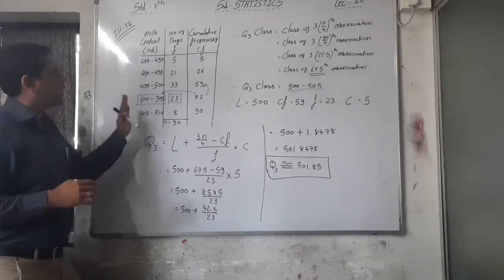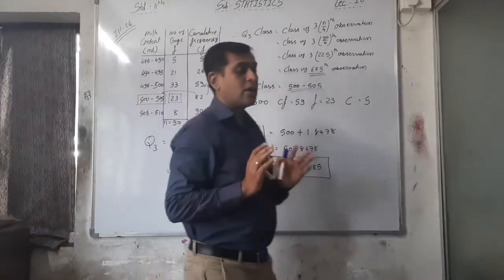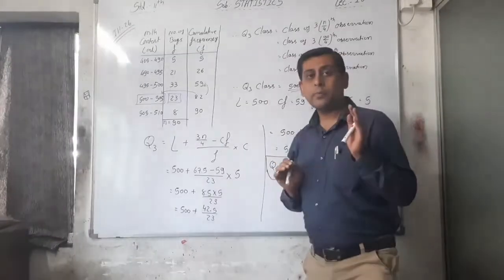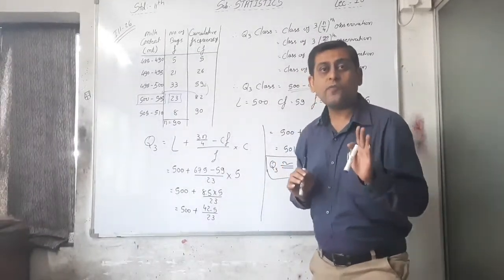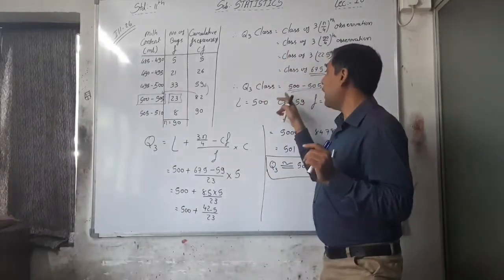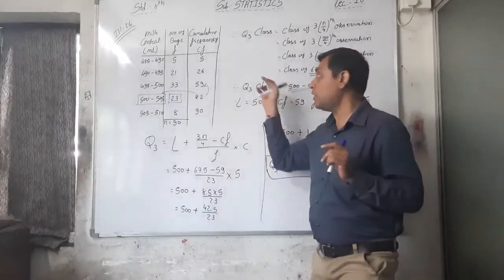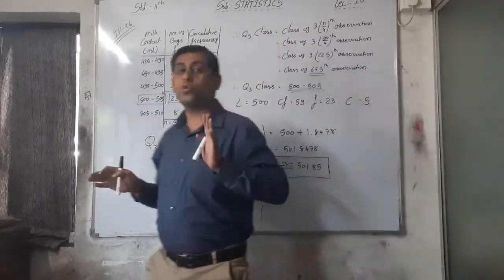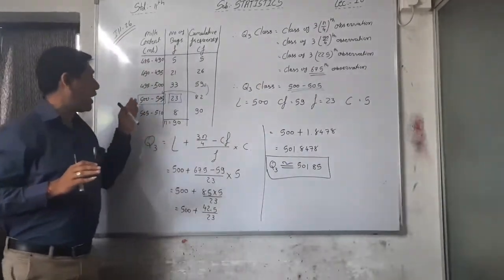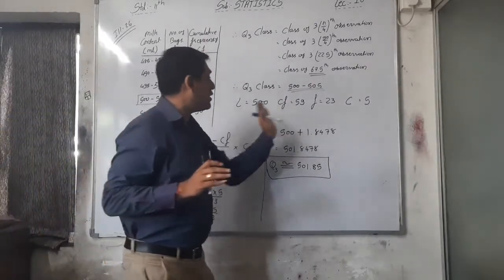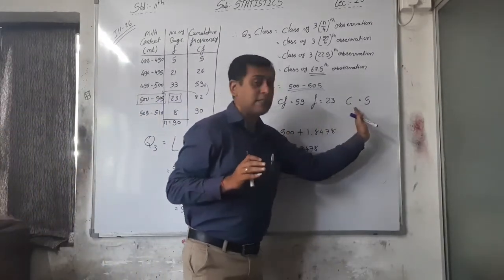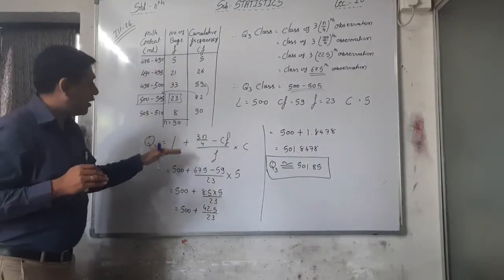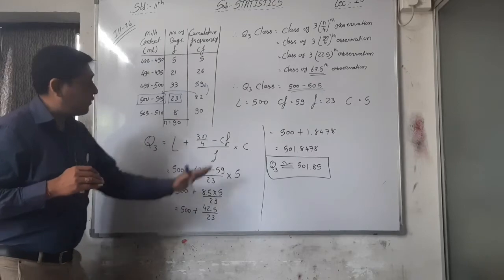In continuous grouped data, first of all you have to find the Q3, D2 or P55 class. Then see that class in the cumulative frequency column. Then write L, CF, F and C, apply all the data in the formula and simplify it.